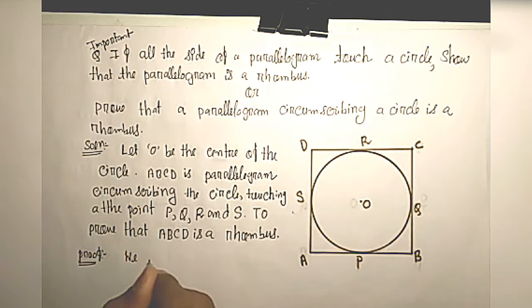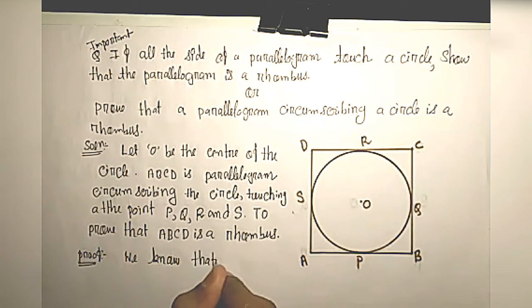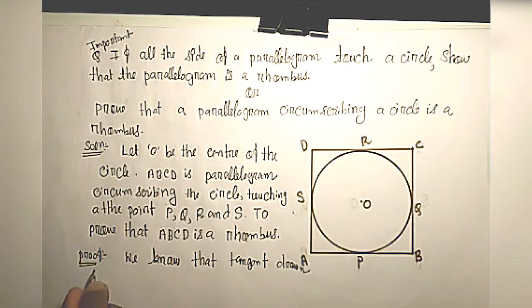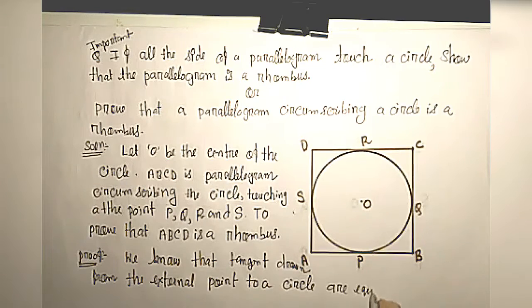Proof: we know that tangents drawn from an external point to a circle are equal in length. We have already learned this in the first video.